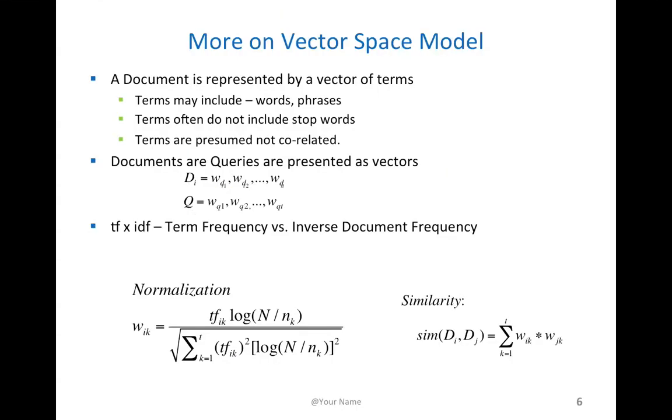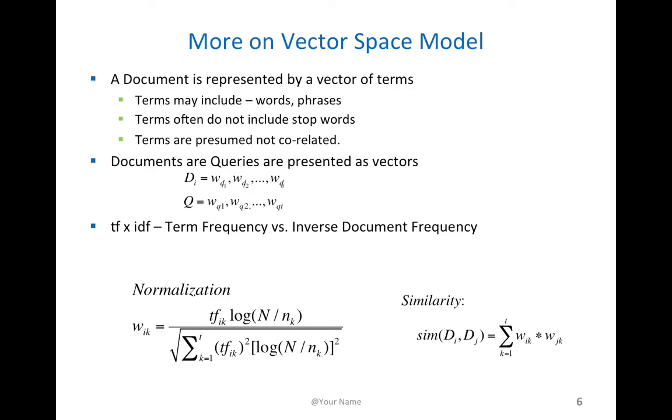the terms may include words and phrases, and like I was saying, there are two vectors, document vectors and query vectors. So documents and queries are represented as vectors. Then behind the scene, in the vector space model, Lucene does a normalization of the documents and queries.